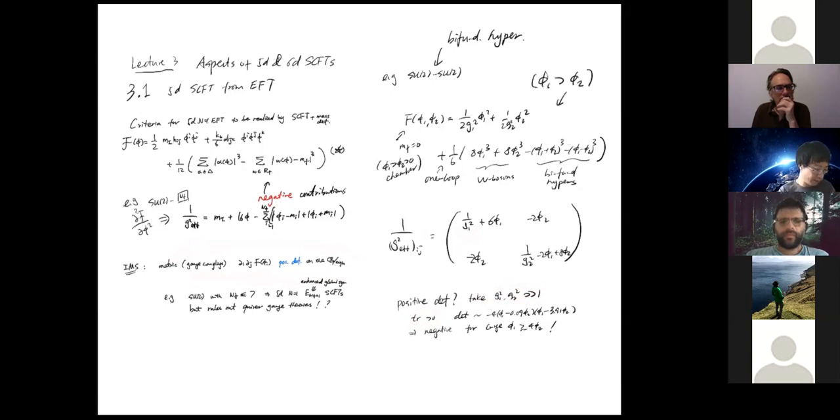But the determinant of this matrix can be negative for sufficiently large phi1. So it seems that according to the original IMS criteria, this fails, in the sense that it's not going to be a consistent Coulomb branch associated with the superconformal fixed point in the UV. But that's a problematic claim.